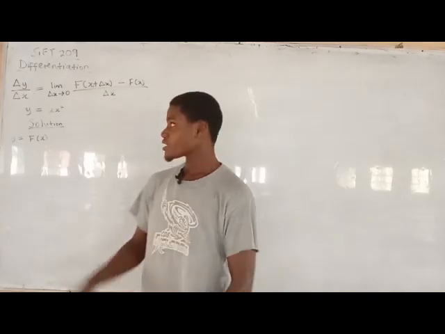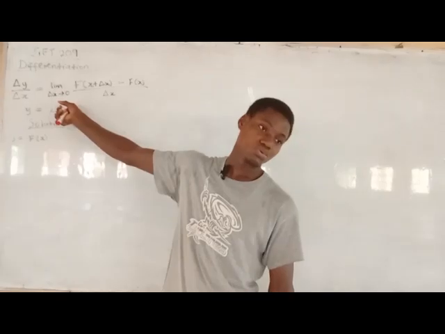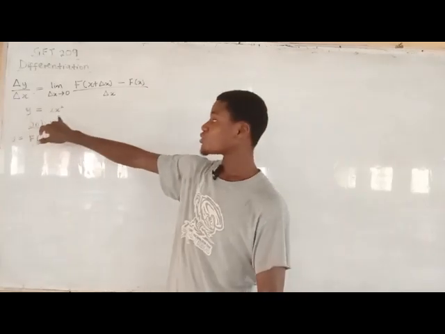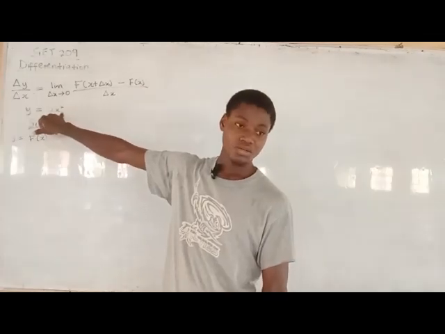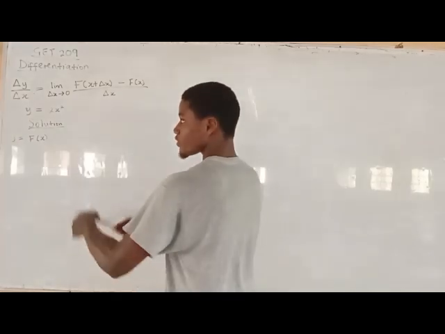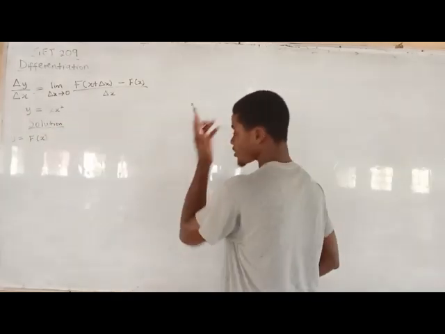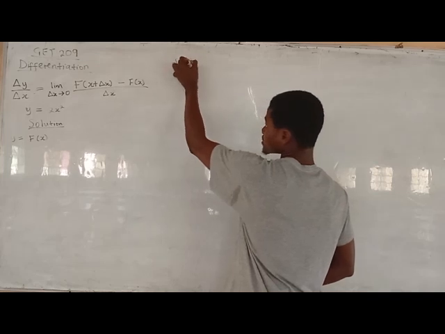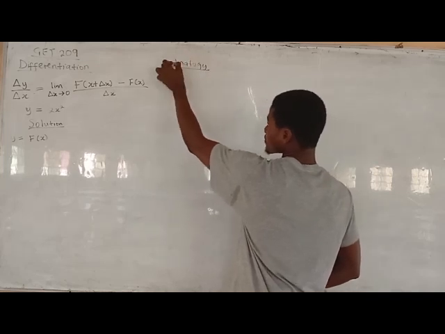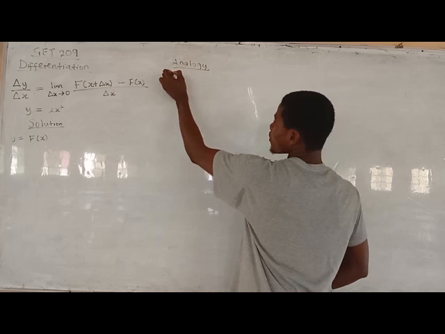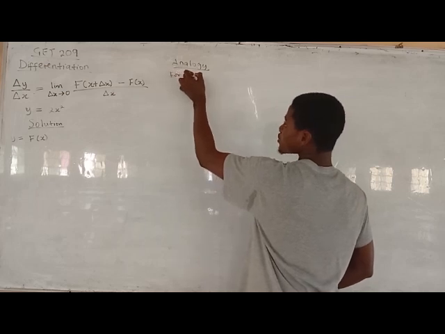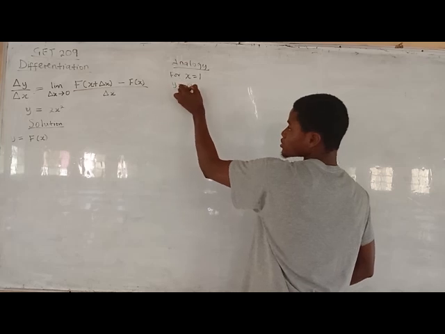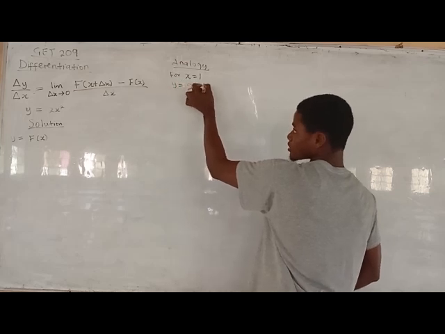So if y equals 2x squared, it means that whatever y will be depends on what x will be. Take for instance, just as an analogy, for x equals 1, y will equal what? 2 times what? 1.